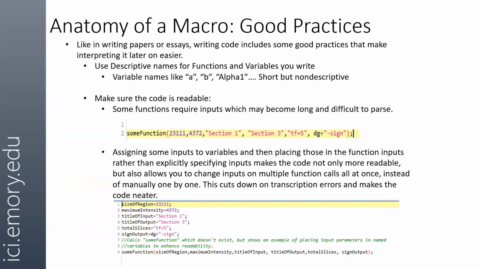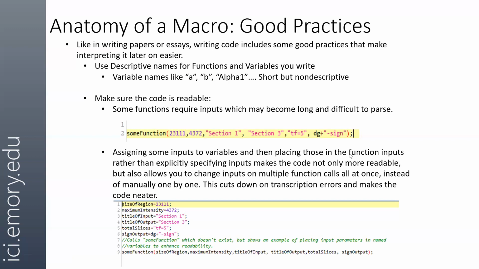In the future, if I ever needed to change one of those values, I would have to find where I call this function and then type out the changes to the first, to the second, to the third, etc., to all of the inputs. And if I ever called the function anywhere else, I'd have to go there as well and make the same changes.